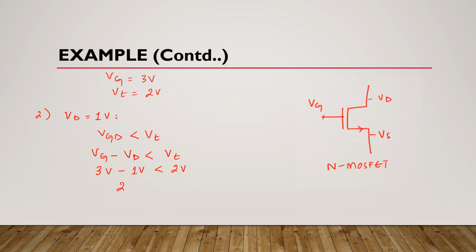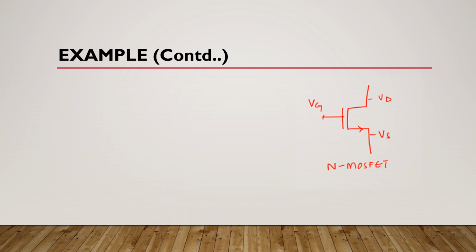It means we have equal potential. We can say the transistor is at the pinch off point, because the gate to drain voltage is equal to the threshold voltage.